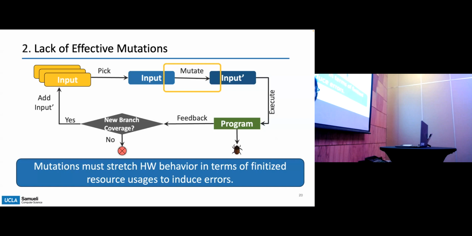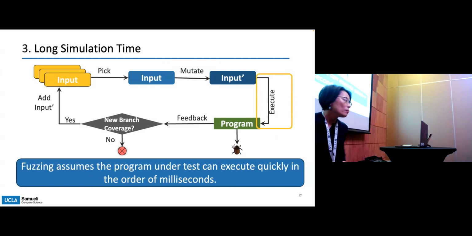Another problem is this effective mutation problem. If you are trying to find these errors between the FPGA and CPU, you must stretch hardware behavior in a way that stretches its finite resource limit. But hitting that by chance is extremely difficult if you do these random mutations.